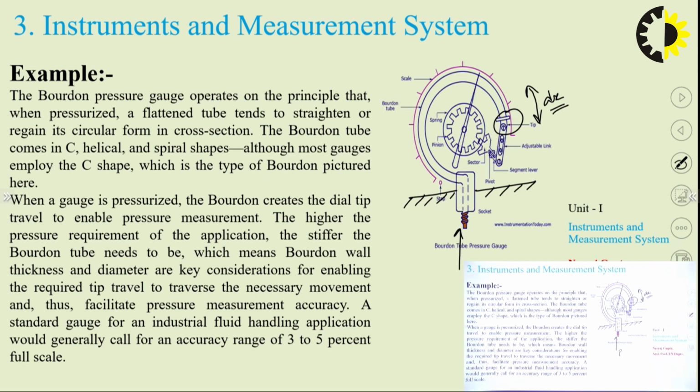Now, let me get this comparison from the generalized measurement system that we have talked about. Here the primary sensing element is the fixed end of this tube. This is the primary sensing element, the pressure which is being sensed. Currently, there is no variable conversion taking place.